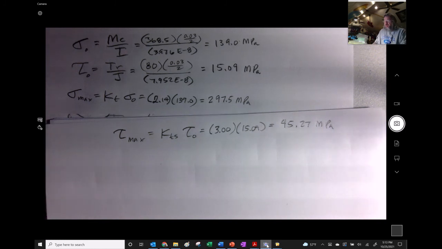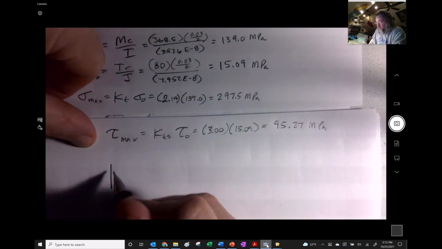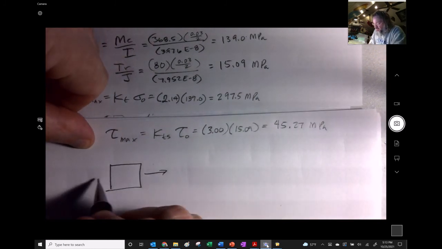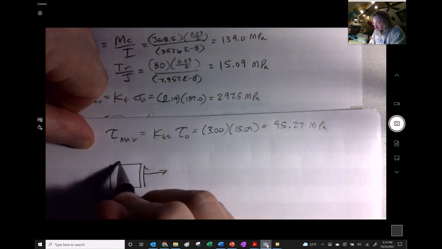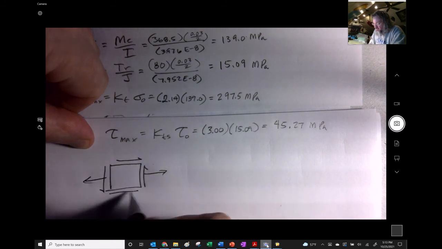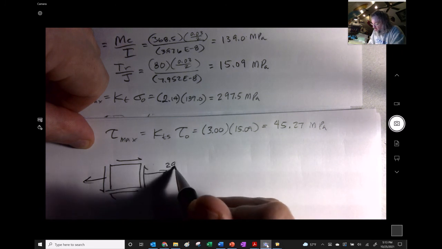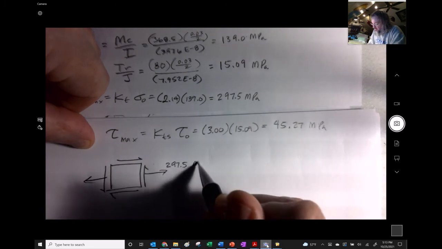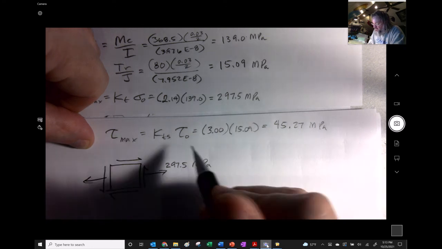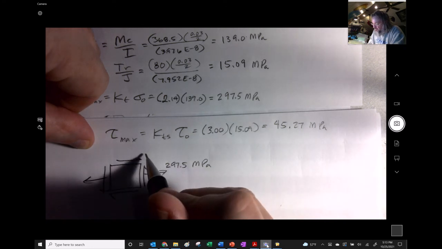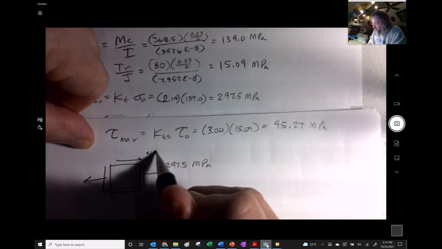And so if we want our maximum shear stress theory, based on our stress element that we'd have right here, we're predicting that somewhere near that shear key is going to be this stress state.